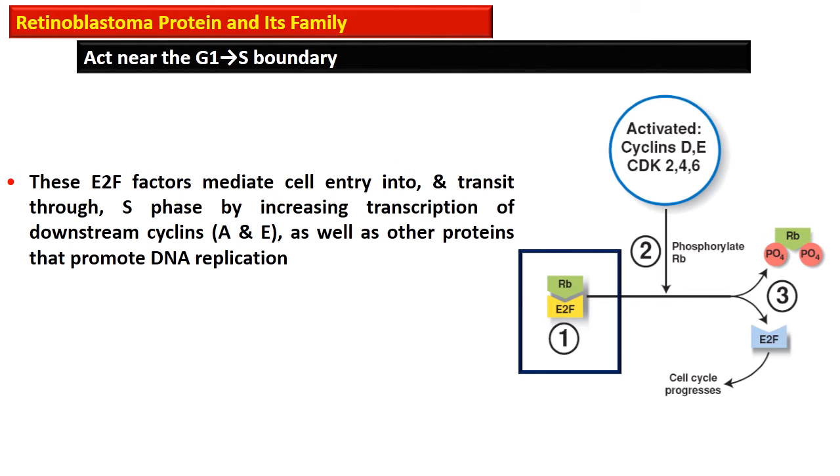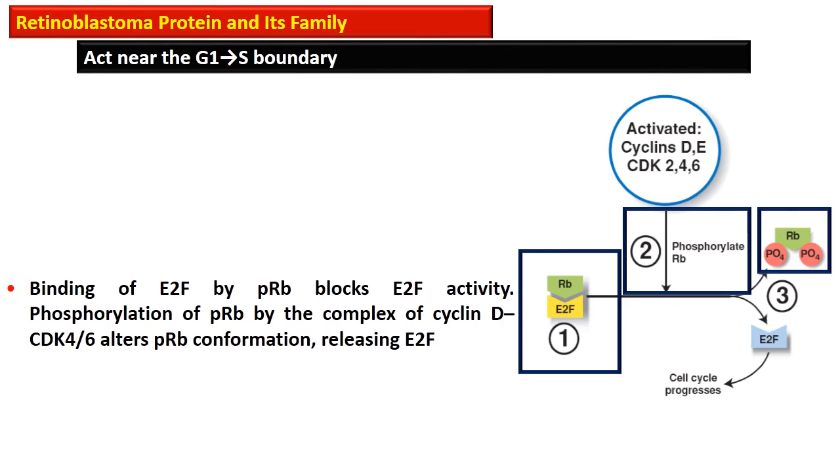These E2F factors mediate cell entry into and transit through S phase by increasing transcription of downstream cyclin A and E as well as other proteins that promote DNA replication. Binding of E2F by RB blocks the E2F activity.